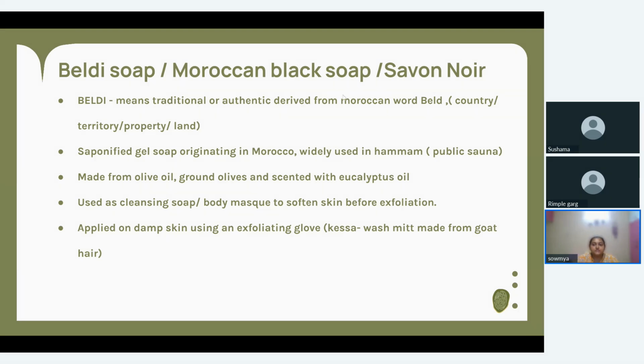Because that Beldi soap has some amount of the pulp of olives and also the leaves of eucalyptus, all these act as natural exfoliating agents, and so they exfoliate your skin. By the time you finish your exfoliation and finish taking your bath in the sauna, your skin will be really supple and soft and it will really glow.